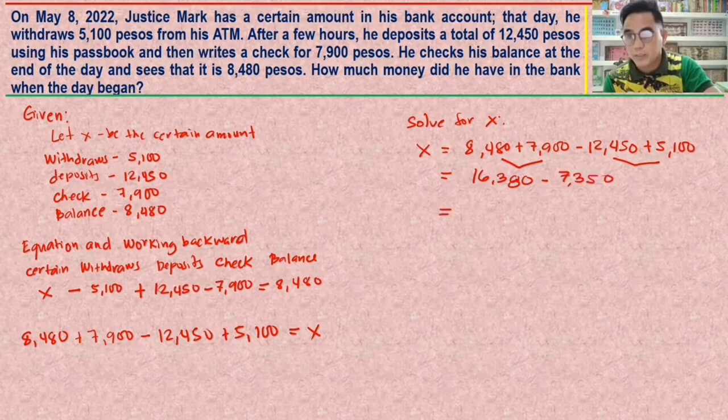And finally, 16,380 minus 7,350 is 9,030 pesos. So this is the certain amount of Justice Mark on May 8, 2022.